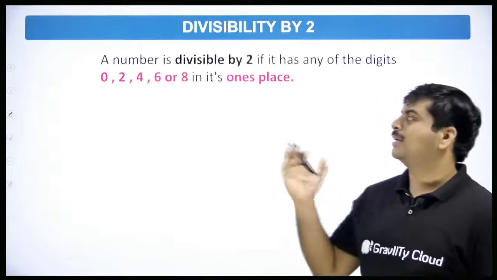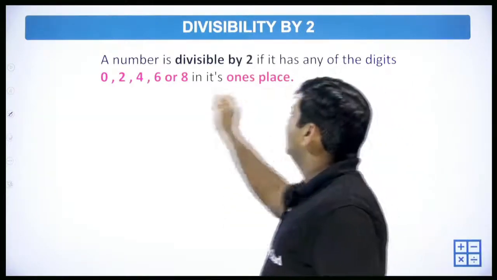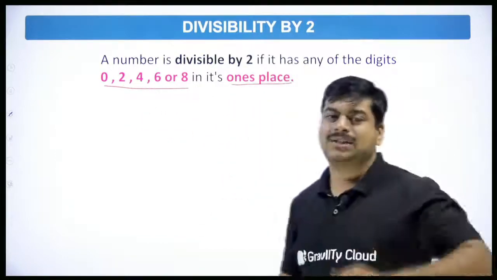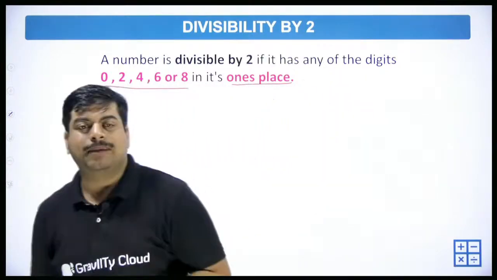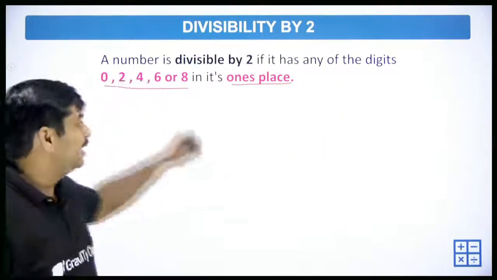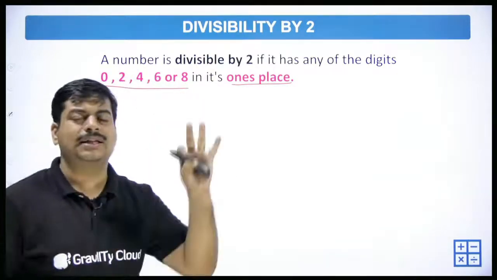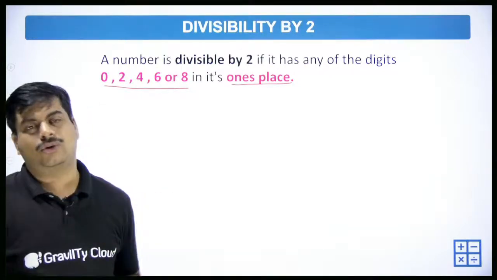So what is that? A number is divisible by 2 if it has any of the digits 0, 2, 4, 6 or 8 in its ones place. What do you mean by ones place? Units place. In that ones place, if you have any of these numbers 0, 2, 4, 6, 8, we can say the number is directly divisible by 2 without any other thought.